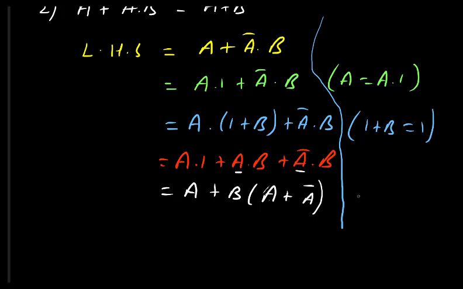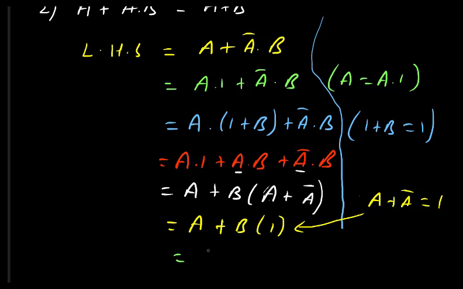Now we know this that A or A bar is always equal to 1, so this becomes 1. So what we get is A or B, and this is 1 because of this. Then finally this B and 1 is always B, so we get this.